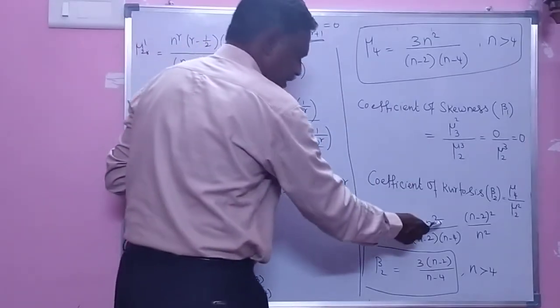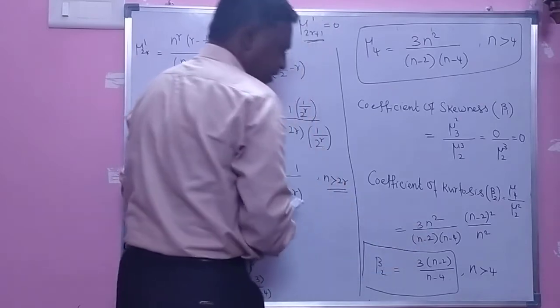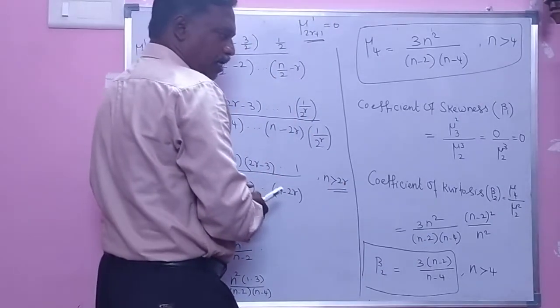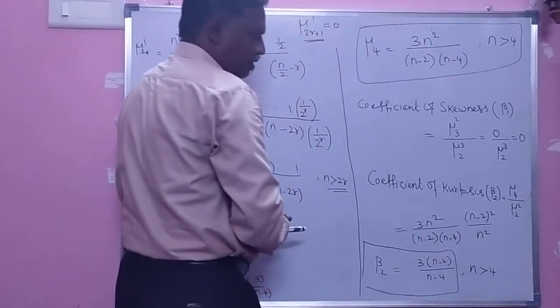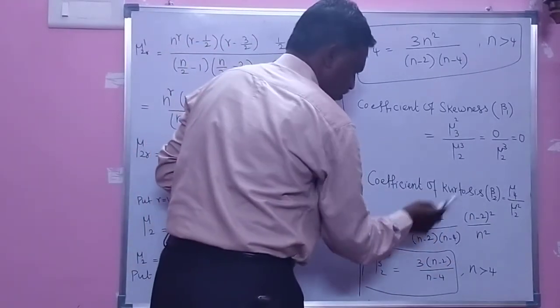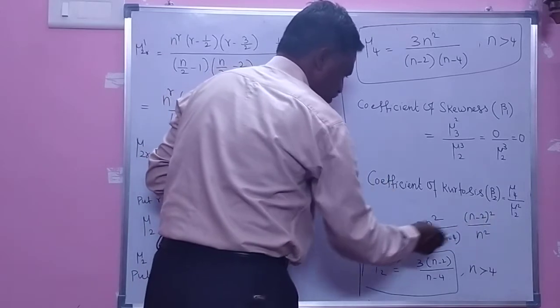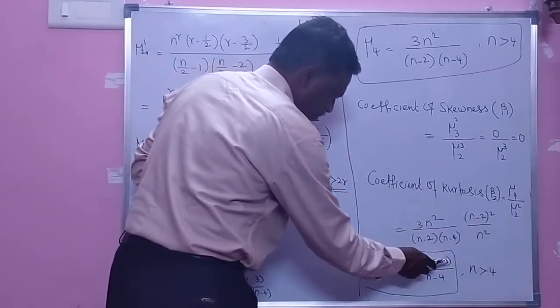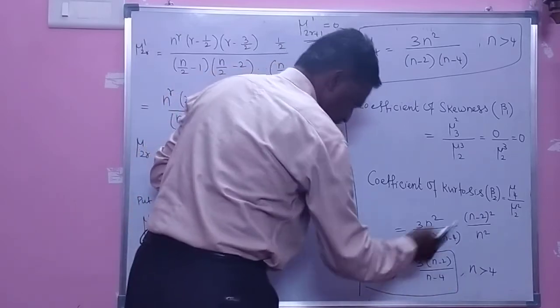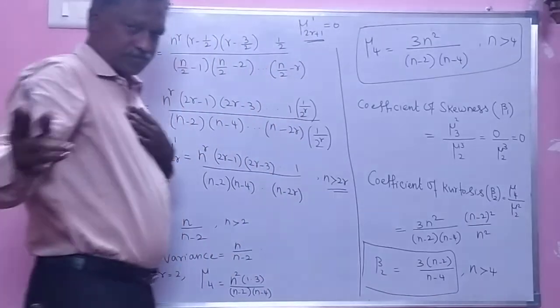Mu 4 is 3 n square divided by (n minus 2)(n minus 4). Mu 2 square is in the denominator, so you write the reciprocal: (n minus 2) whole square divided by n square. The n square cancels, and (n minus 2) power 2 cancels partly. The remaining term: beta 2 equals 3 into (n minus 2) divided by (n minus 4), with the condition n greater than 4.